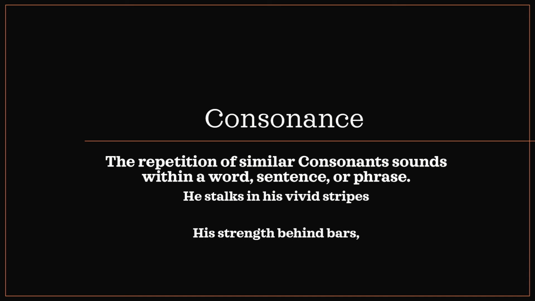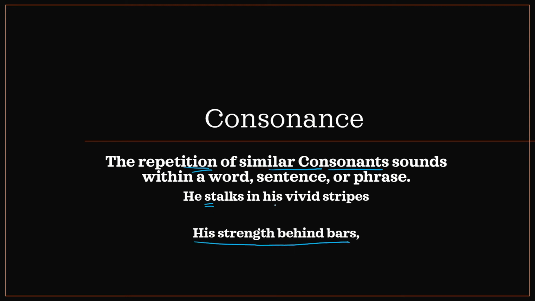Consonance is our next literary device. Consonance is a repetition of similar consonant sounds within a word, sentence or phrase. Look at this example here. "He stalks in his vivid stripes. His strengths behind bars."